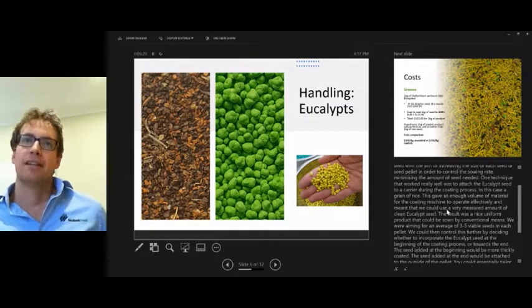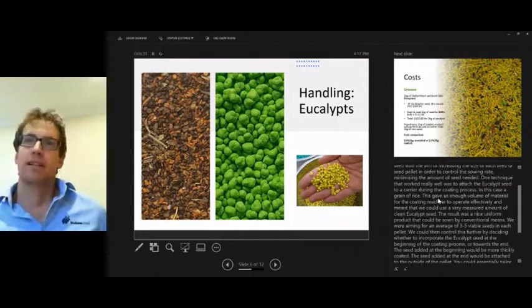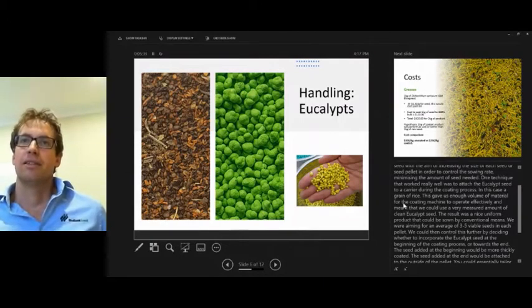One technique that worked quite well was to attach the eucalypt seed to a carrier during the coating process. So in this case, we used a grain of rice. This gave us enough volume essentially for the coating process to operate effectively.